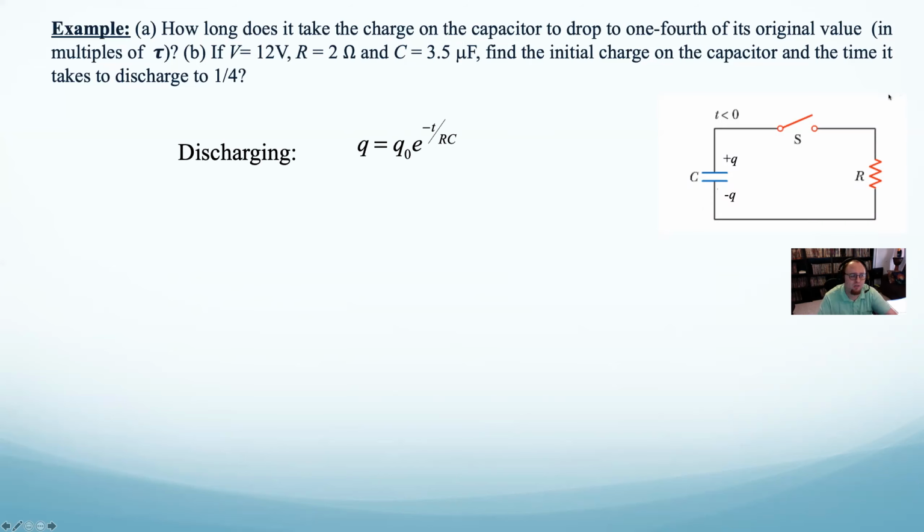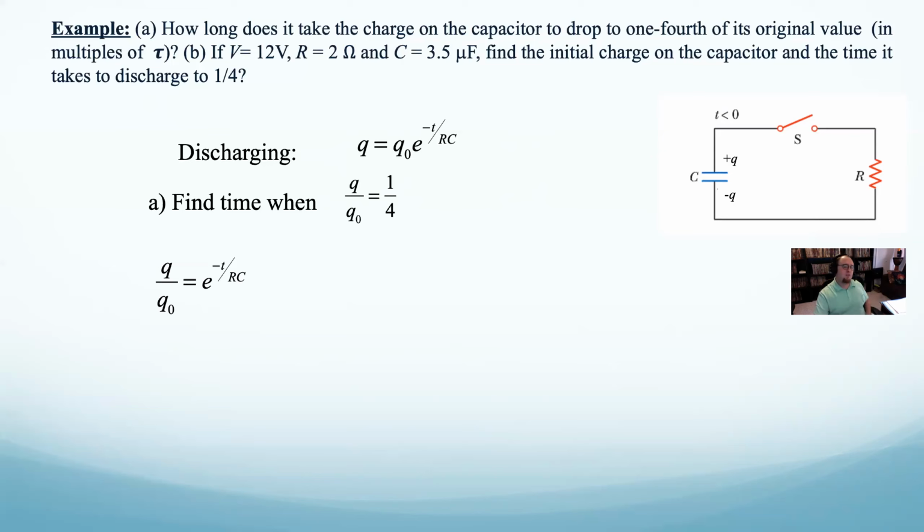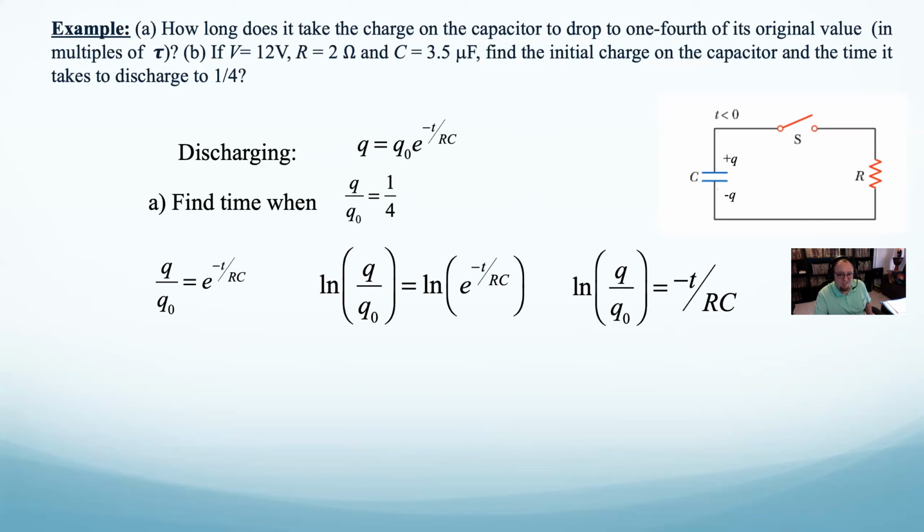Well, this is discharging, we're talking about charge. So I use this equation. 1/4 the original value is when Q over Q naught is 1/4. But Q over Q naught is e to the negative t over RC. What I'm going to do if I want to solve for this is take the natural log of both sides. The natural log of e to the negative t over RC is negative t over RC. Now I said in multiples of tau, tau is RC.